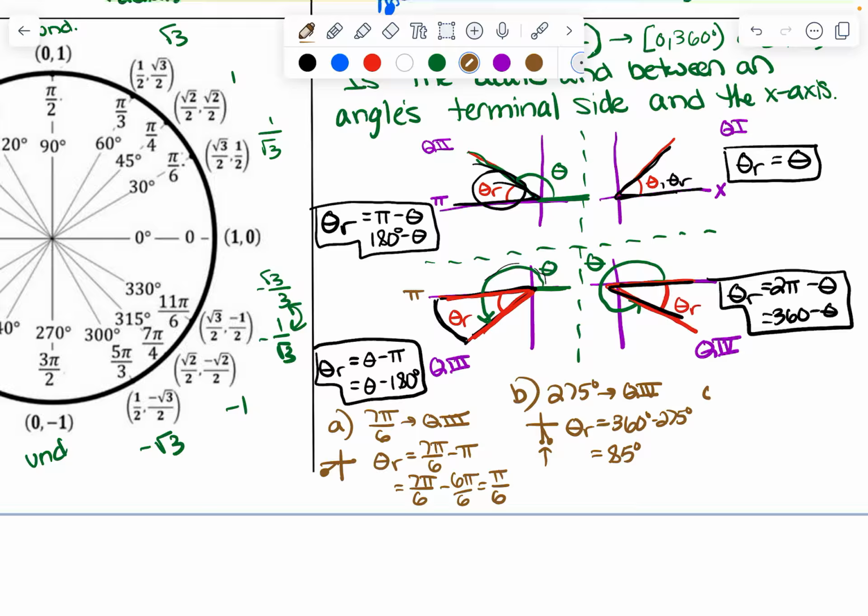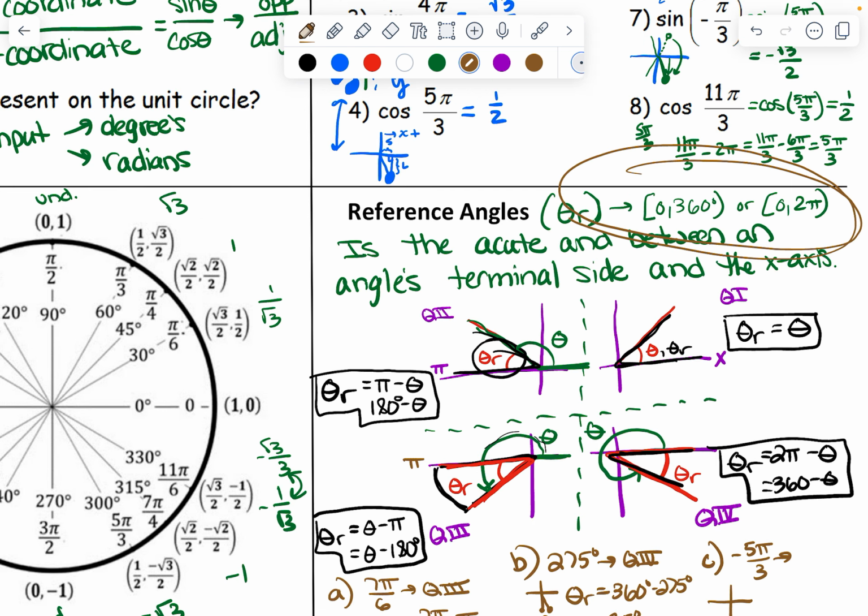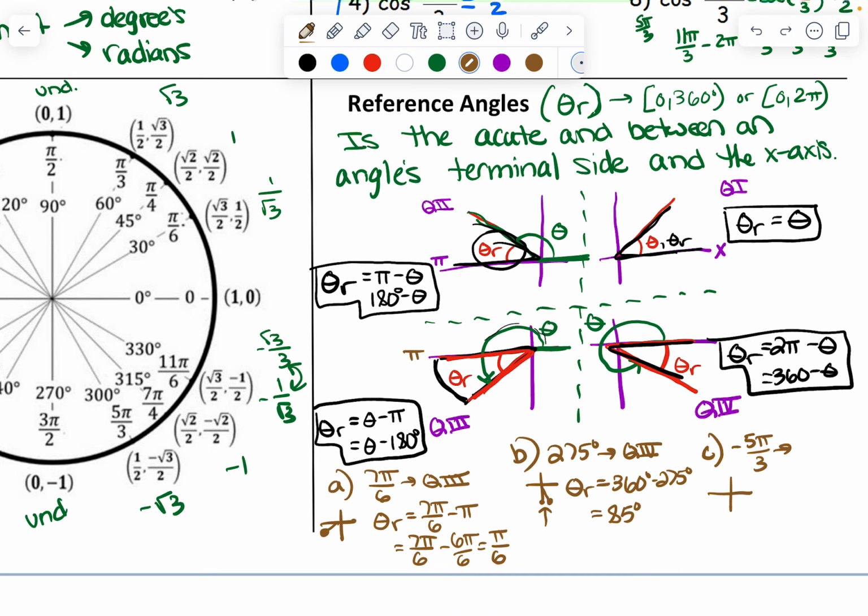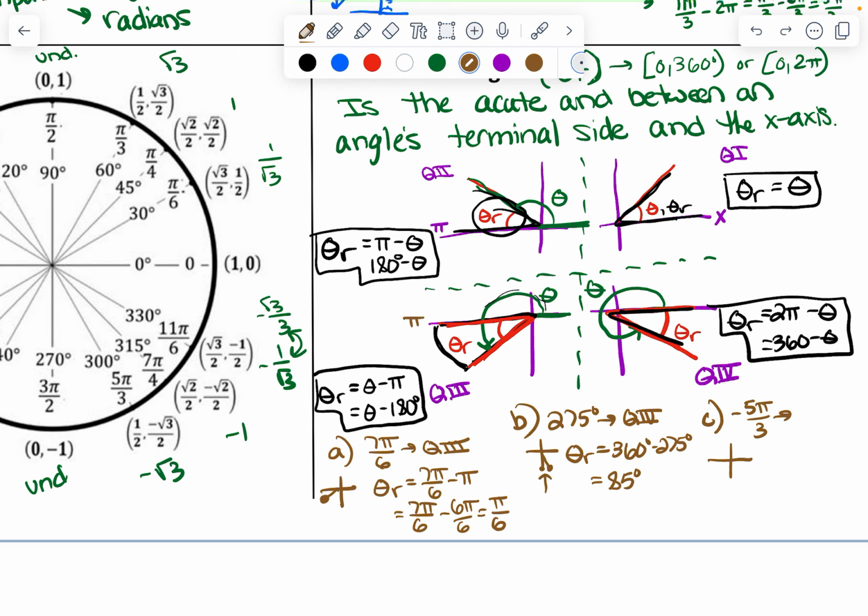And then part C, the last part, let's do negative 5 pi over 3. So negative 5 pi over 3, this is why I included the restrictions up here, because you're going to want to use angles from the unit circle to help you find the reference angle. Negative 5 pi over 3 is negative, and it's a pretty large angle as well.